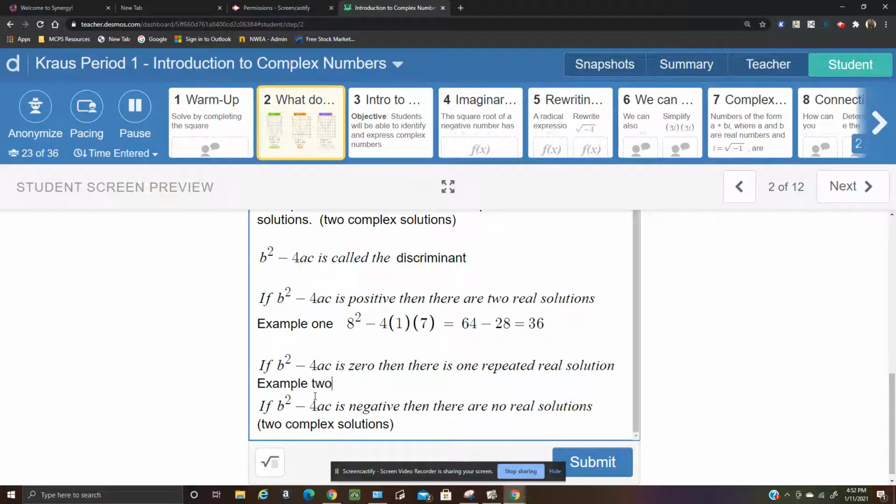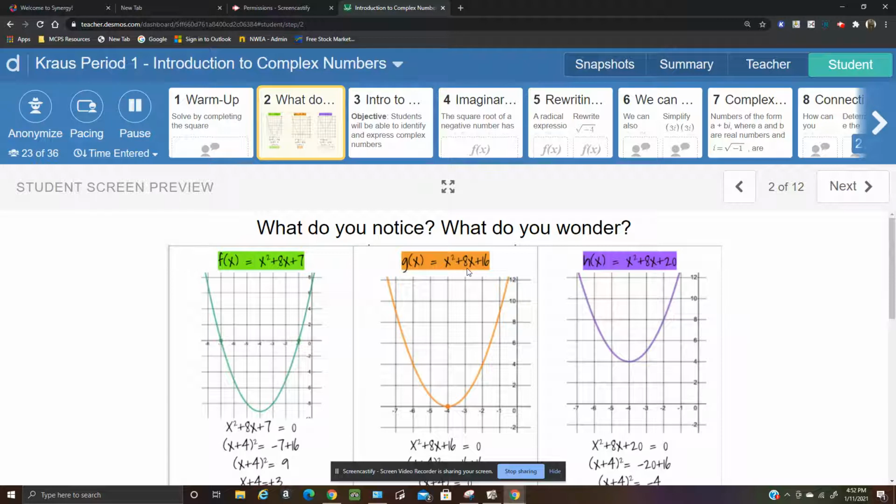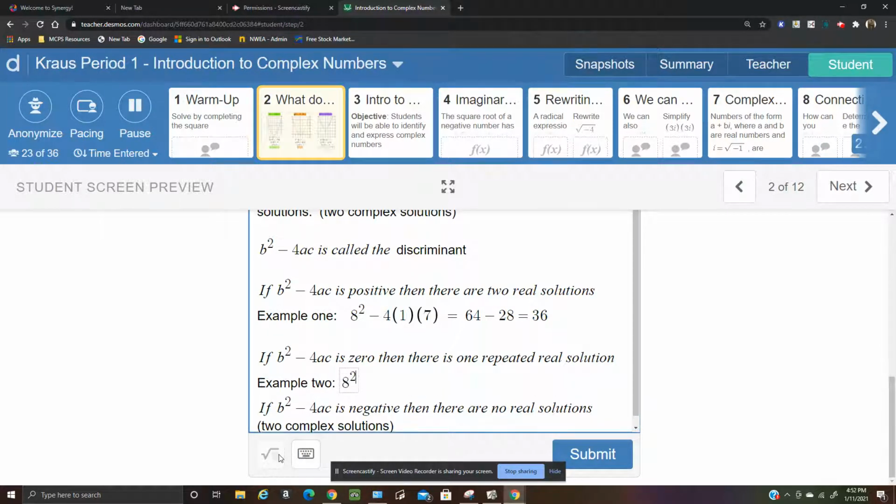Example 2, a is 1, b is 8, c is 16. So I have 8 squared minus 4 times 1 times 16, is 64 minus 64 equals 0.